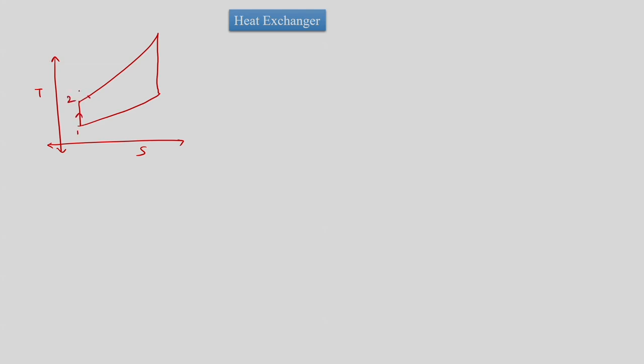So, 1 to 2 to 3 to 4 to 5 to 6. In the heat exchanger we should say that the amount of heat gained by the air at exit of compressor in the heat exchanger is equal to the heat lost by the gas, but practically we are going to work with air standard.